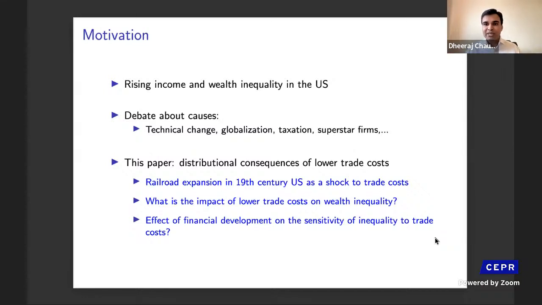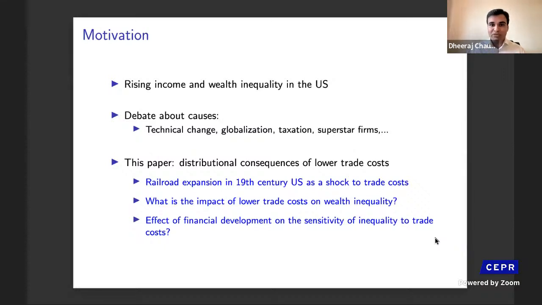What I do in this paper is I revisit this debate by studying the distributional consequences of lower trade cost by exploiting a very unique, large historical episode. In particular, I look at the expansion of the railroad network in the 19th century US as a shock to trade costs. And I ask the following two questions. Number one, what is the impact of lower trade costs on wealth inequality?